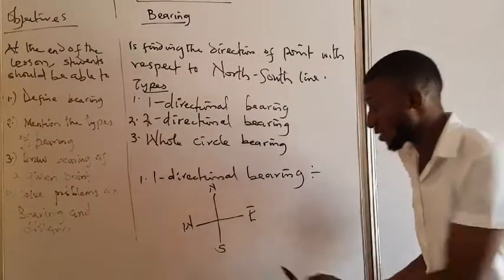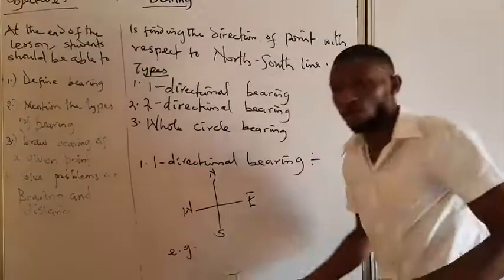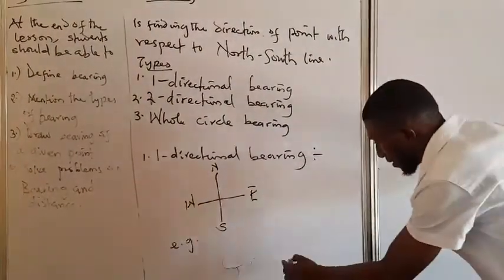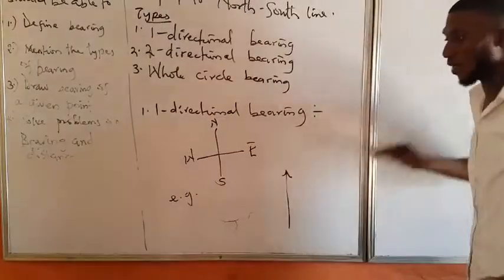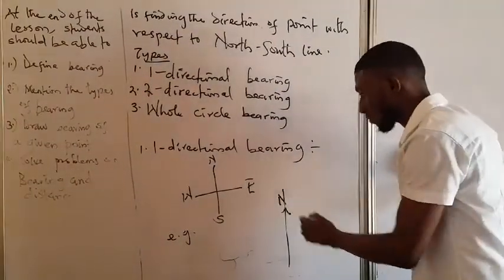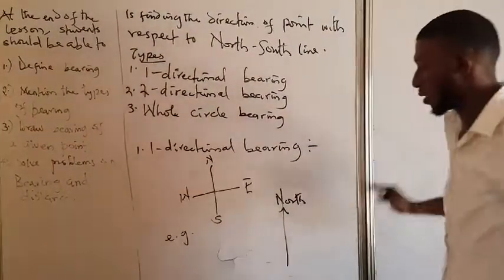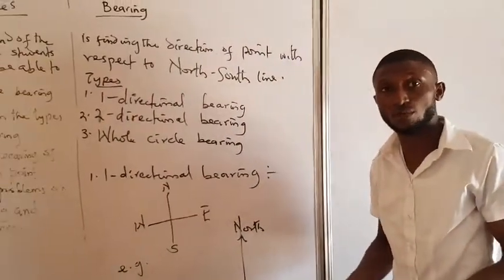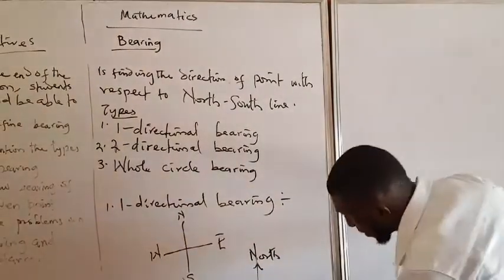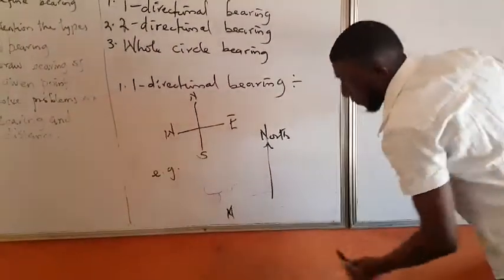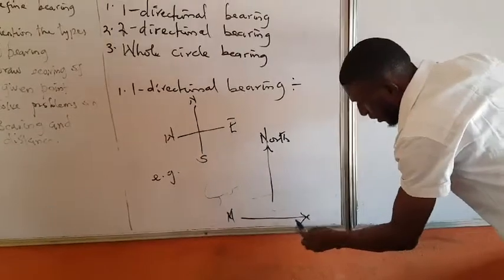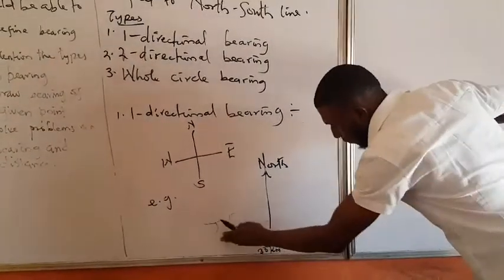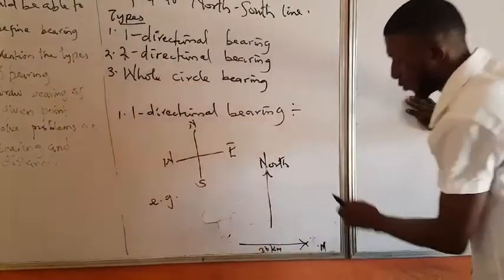Let's take for example, if I say a man walks due north, the person just covers a given distance due north. Or a man covers a distance of 30 kilometers due east. It means that the man, let's say he is standing here, covers a given distance, which means 30 kilometers due east. Therefore, this is the position of the man due east of the point.